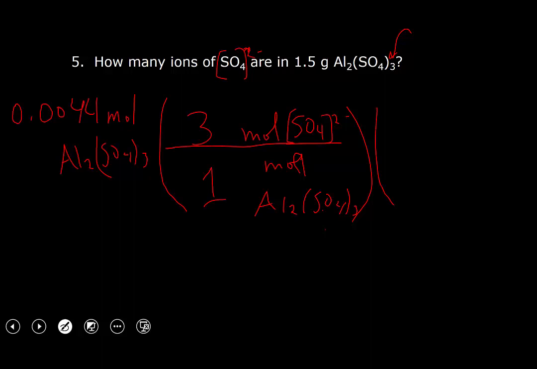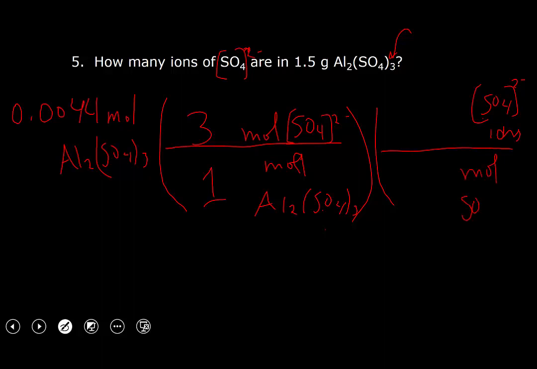But we're not looking for moles of SO4, we're looking for ions of SO4. So we need to find out how many ions we have. From moles of SO4, we can go to ions of SO4. Whatever units we have on the upper left, we always put on the lower right.